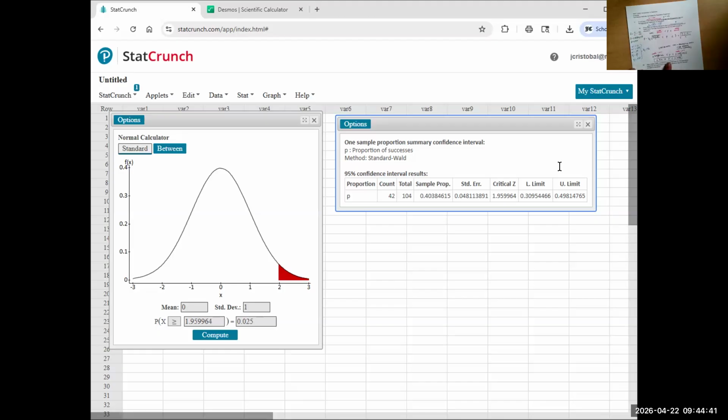right? That we're 95% confident that our population, if I was able to take all California residents and measure the proportion that feel the governor has not focused enough legislation on education, with 95% confidence, it would be between 0.310 to 0.499, right?